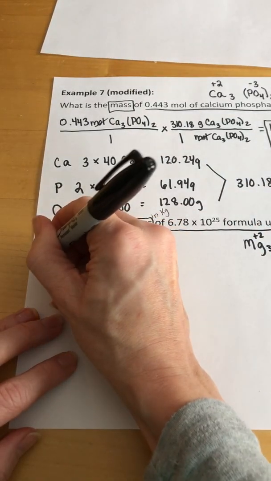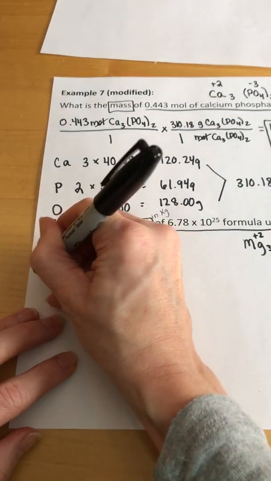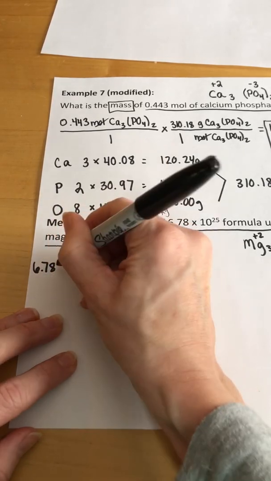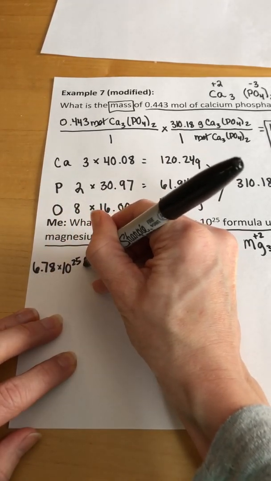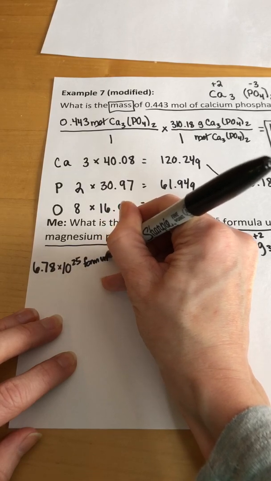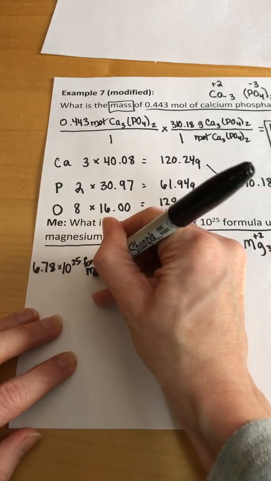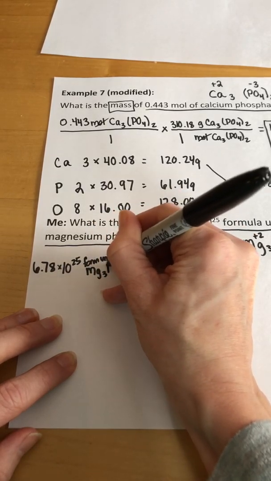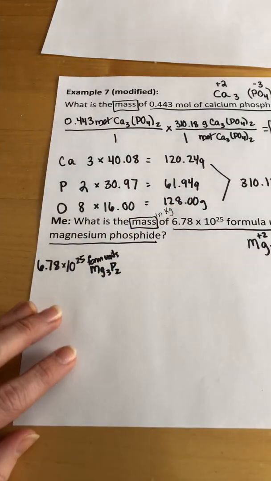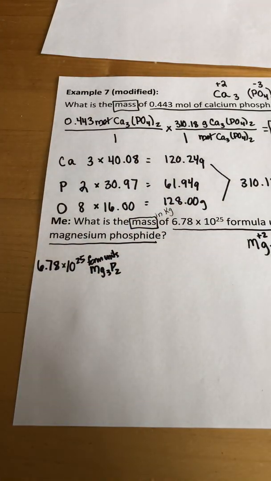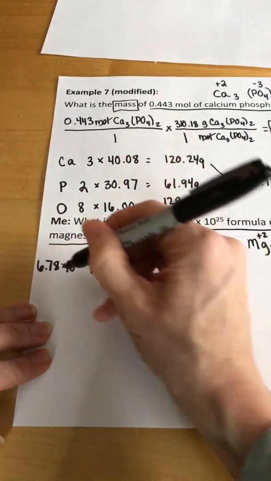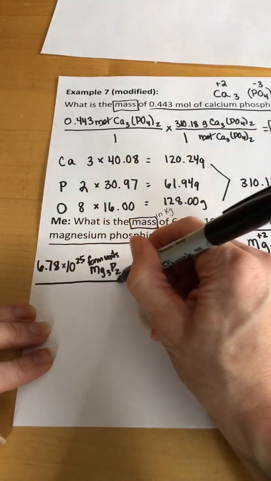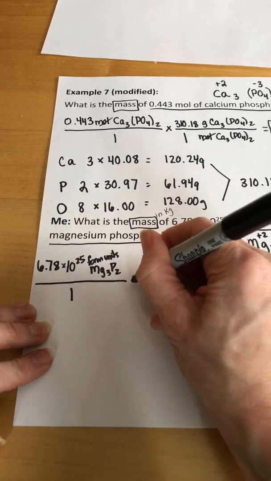All right, then I'm going to take my 6.78, what I'm given, times 10 to the 25th formula units of Mg3P2. I am very limited on the width that I have. You would probably want to write it all out in one long line, but I'd never get it on this vertical piece of paper.